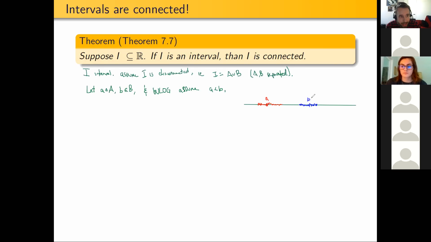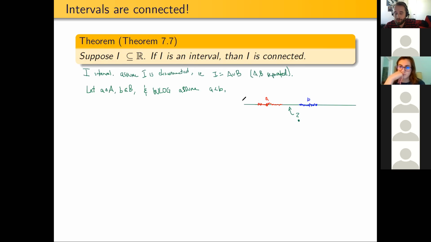Then what I'm really going to be interested in, and what will really drive this contradiction, is what's happening here in the middle. To do that, I have to find a point somewhere in the middle that will cause a contradiction.